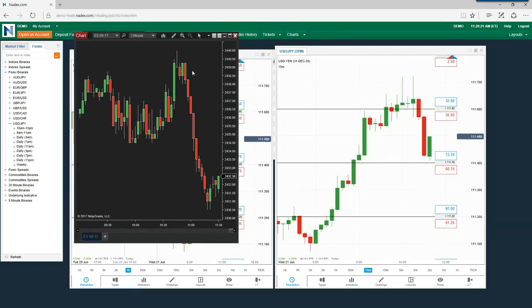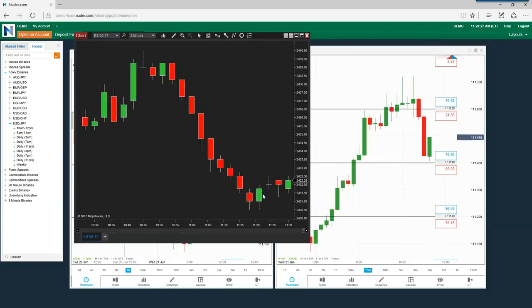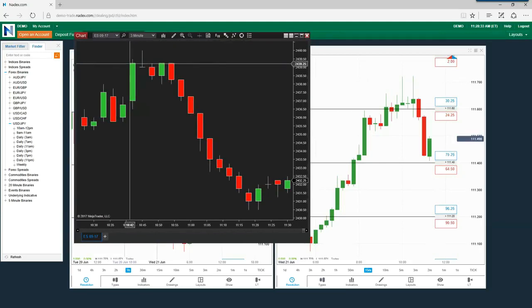Now this is the ES, and actually you can even see it today. If you're looking at this bar, it closed here at 24.39.25, but it opened at 24.39 on this bar, which started at 10:30.